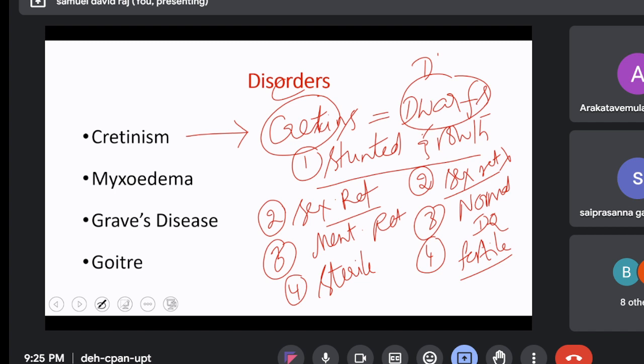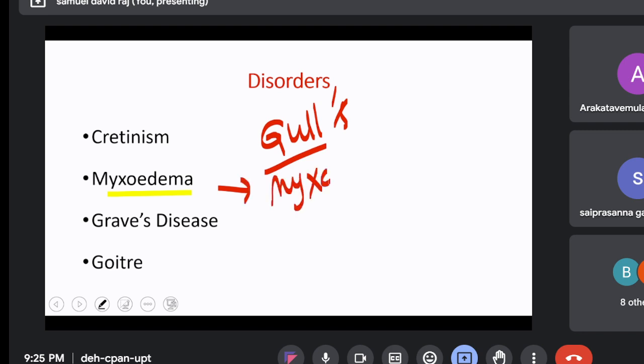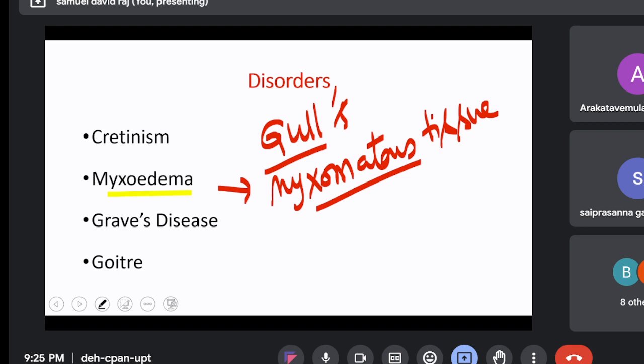Coming to the other one, that is myxoedema. Myxoedema is also called Gull's disease because it was described by a scientist called Gull. It is characterized by the accumulation of myxomatous tissue. What is myxomatous tissue?